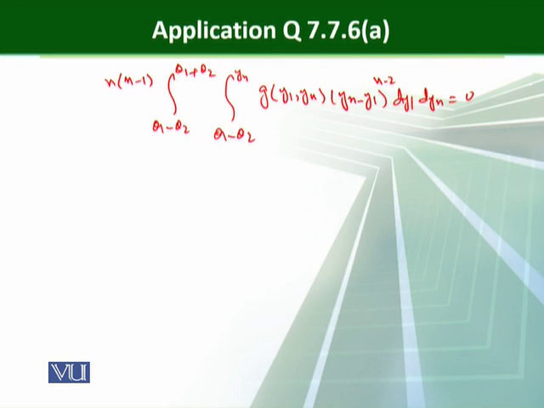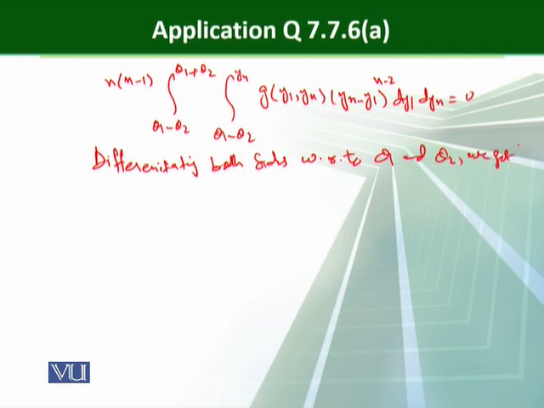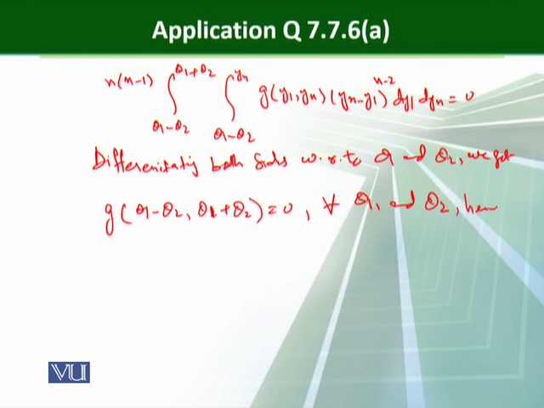Now differentiating both sides with respect to theta 1 and theta 2, we get the net result in terms of g of theta 1 minus theta 2 and theta 1 plus theta 2 equal to 0 for all theta 1 and theta 2, and hence g of y1, yn is equal to 0.